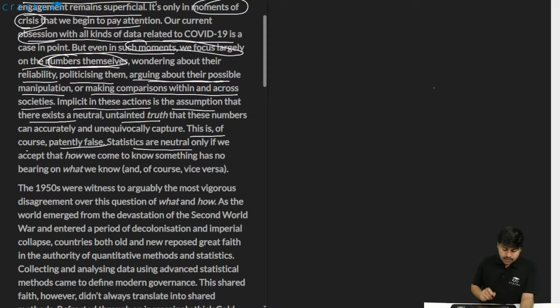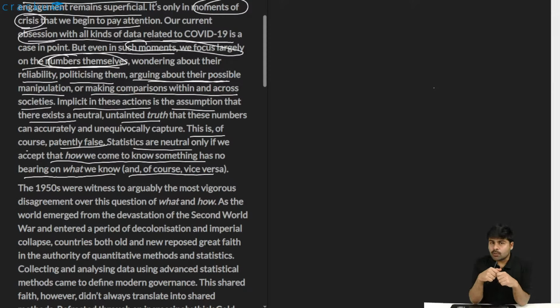Statistics are neutral only if we accept that how we come to know something has no bearing on what we know, and of course vice versa. The way we assume the data is objective is that it is independent of the writer of the data, or somebody who collects data, and what that person might be thinking about that data. It is independent of that person's perspectives or subjective nature, and there is no subjectivity to it.